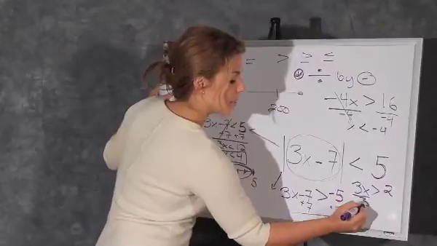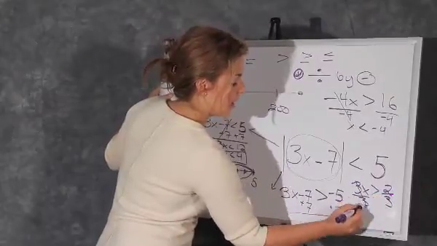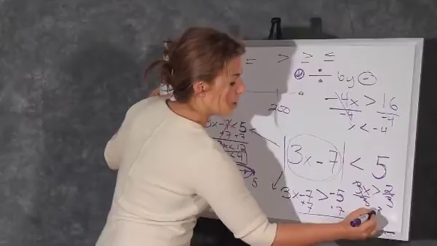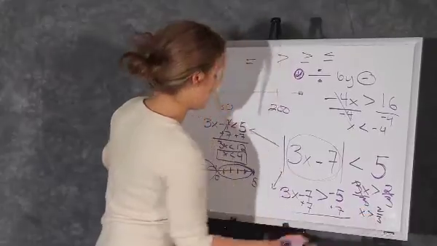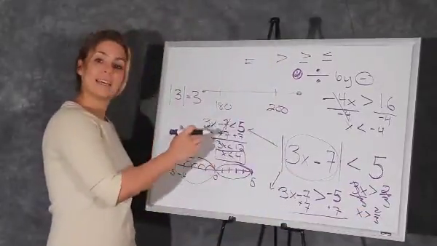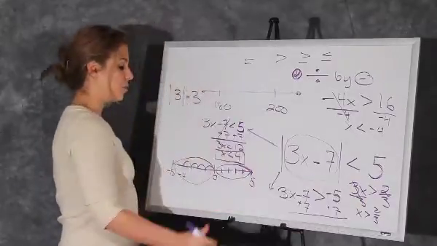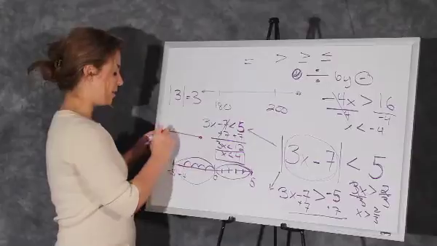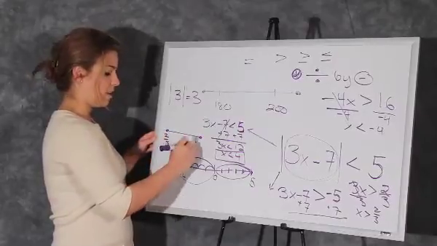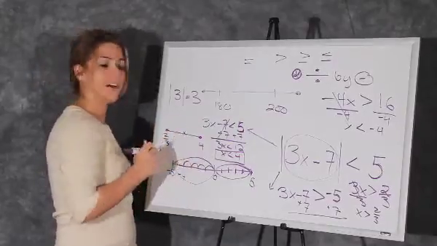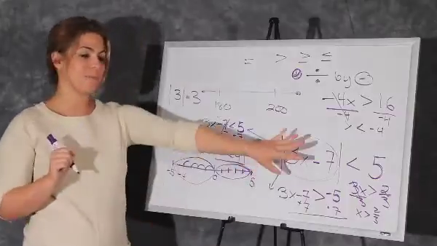And then divide by 3. And now we know that x has to be greater than 2/3. So x has to be less than 4, but greater than 2/3. So anything in between 2/3 and 4 would satisfy our x value for that particular equation.